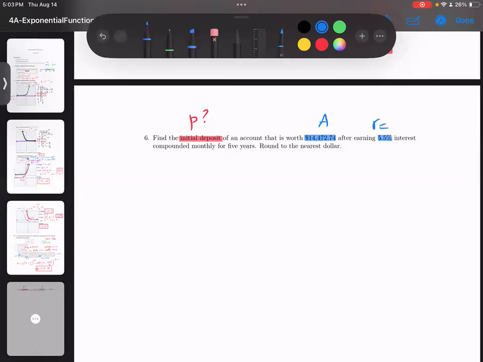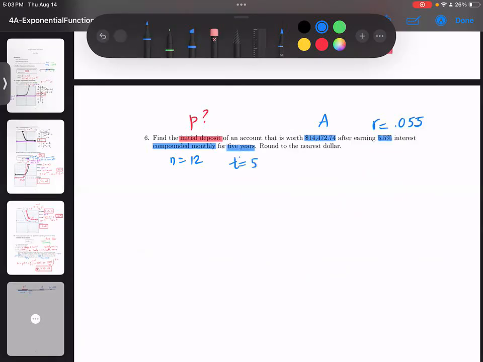Rate is 0.055. Compound monthly, so N equals 12 again. It's not always 12. For 5 years, T equals 5. Round to the nearest dollar.